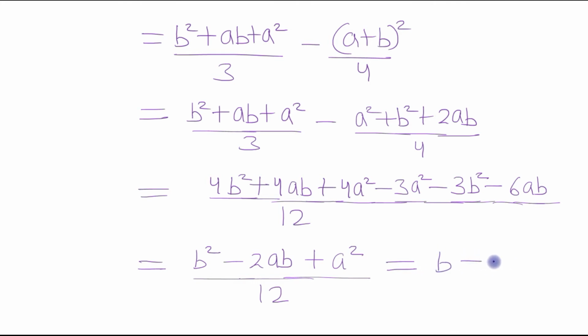And this can be written in this form. So the variance in case of uniform distribution is b minus a whole square upon 12.